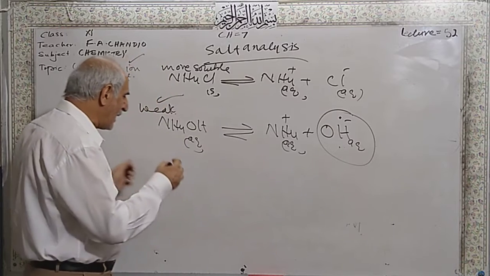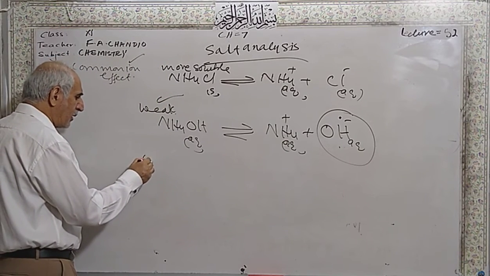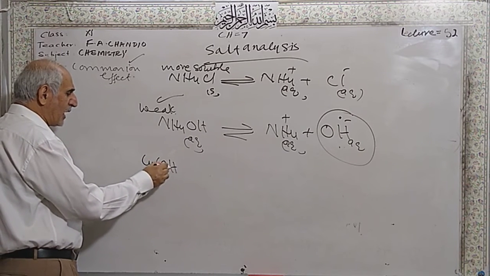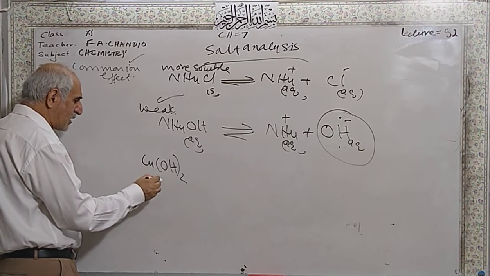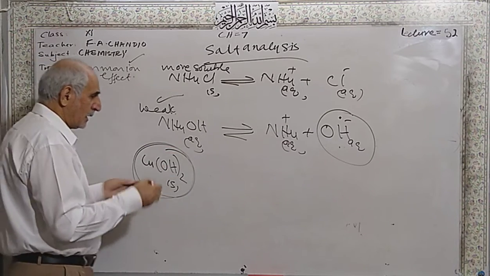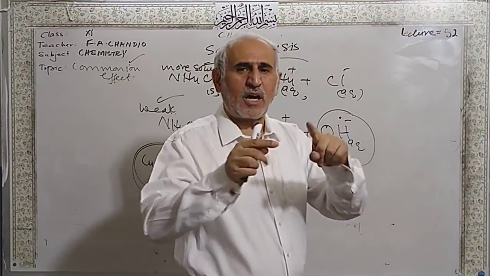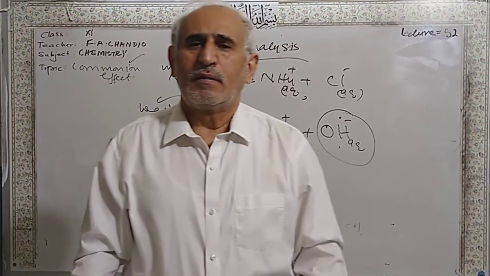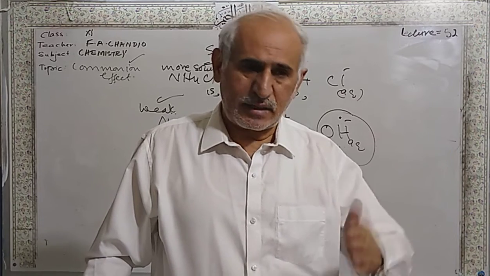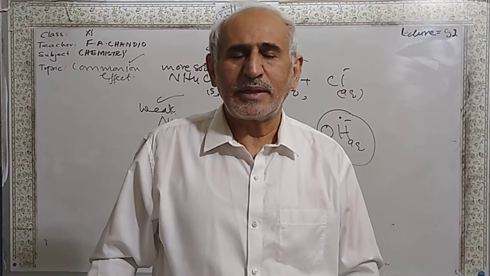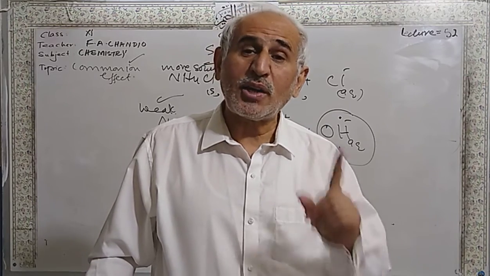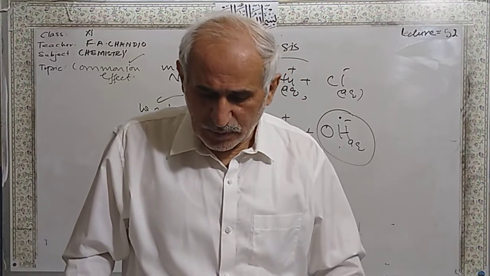So that metal, maybe copper or another, combines with the hydroxide, and the hydroxides of that metal will precipitate. This precipitation indicates that the metal is present in the salt. This is salt analysis.